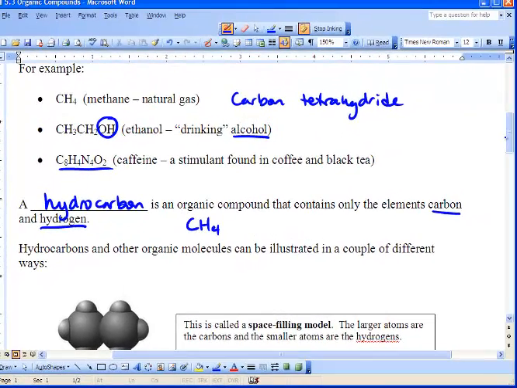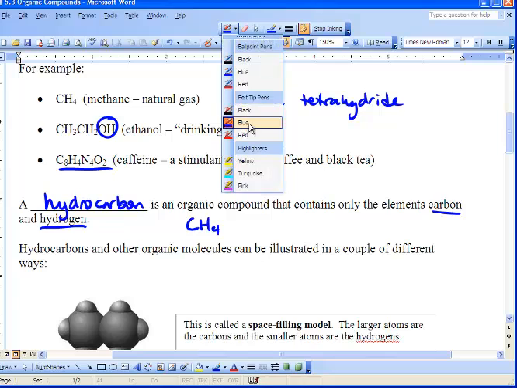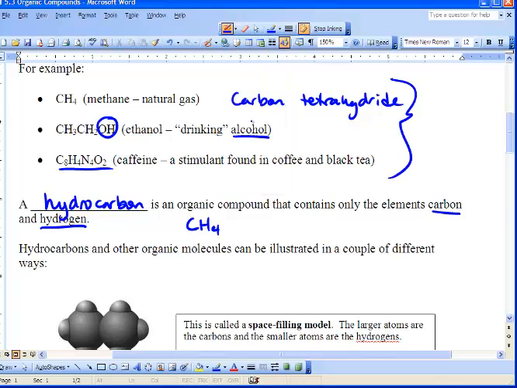Now, the really cool part about all carbon or organic molecules is that carbon forms the backbone. Because carbon has 4 valence electrons, that means that it wants 4 other electrons to bond with. All right?